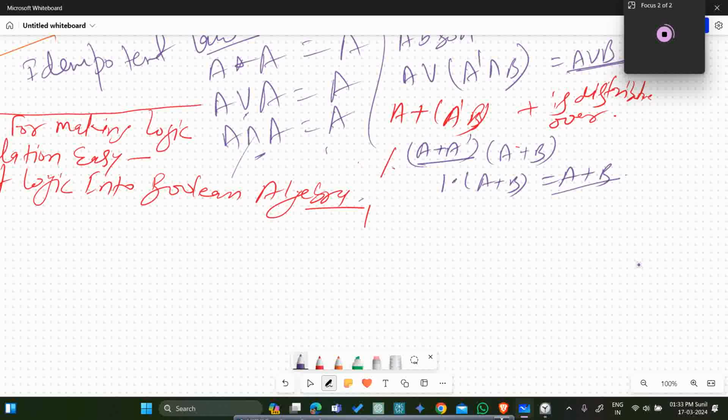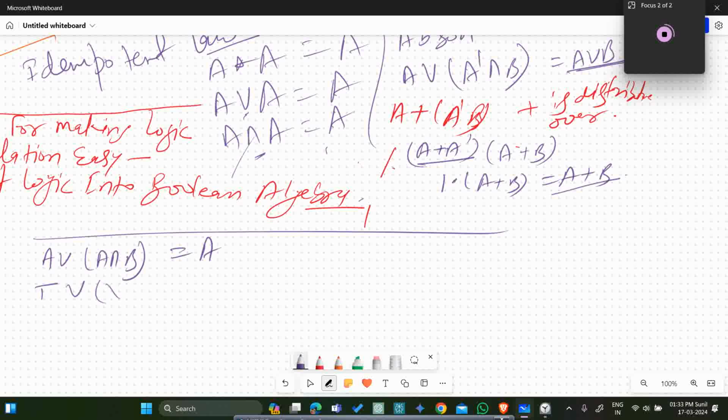Right. The next absorption law is important, so keep focus on this. A or A and B is A only, and we can prove this also. If A is true, then true or X, whatever X is, is always true.